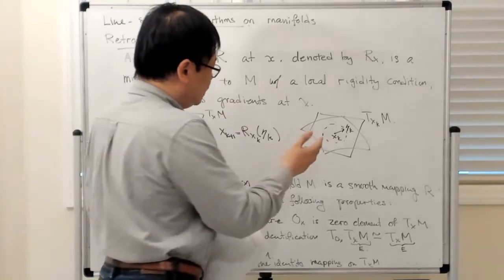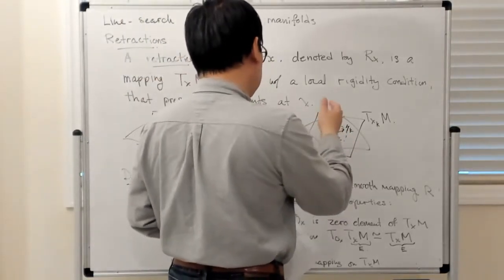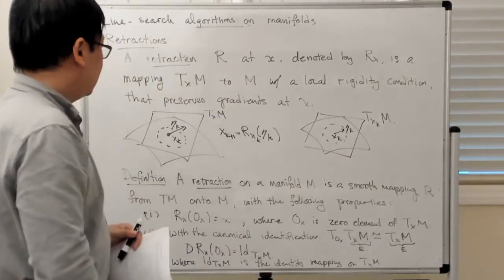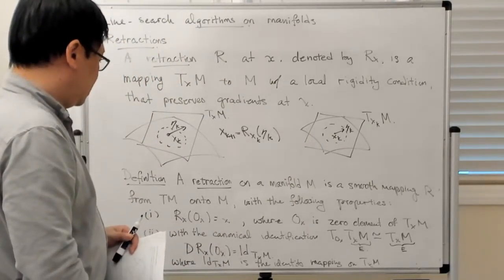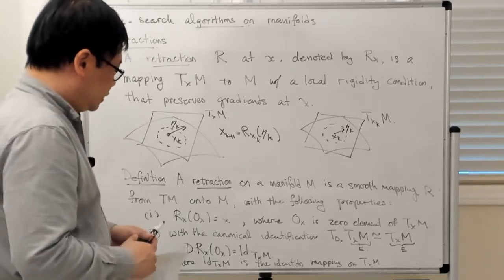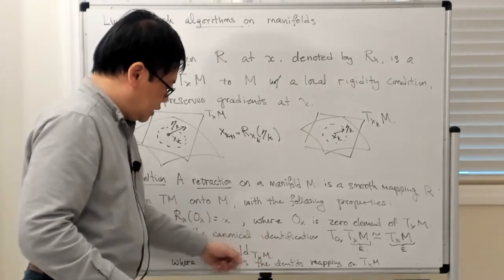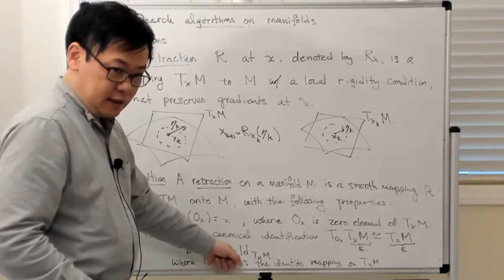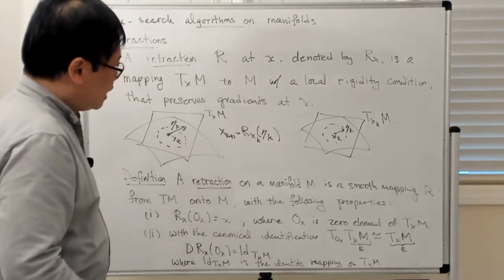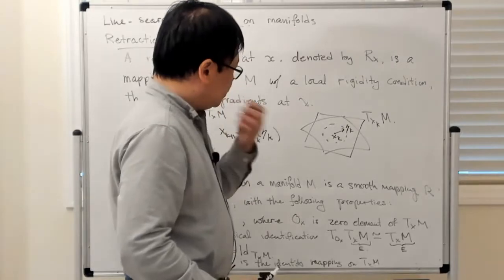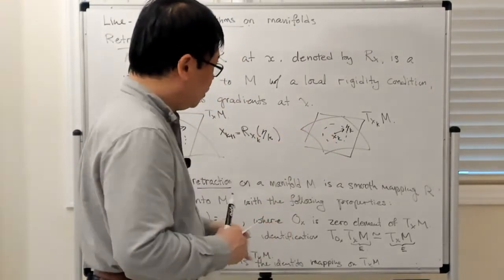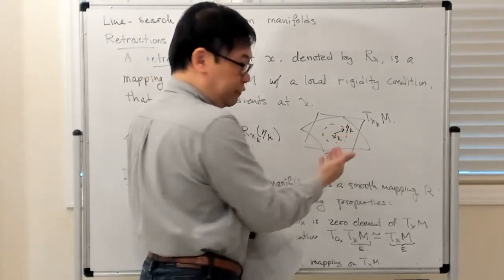And so what the retraction does is that it takes this n-tuple of numbers and gives you a point on the manifold, all right? And because the linearization of that at 0 is the identity, that basically means you can invoke the inverse function theorem locally to invert that relationship.